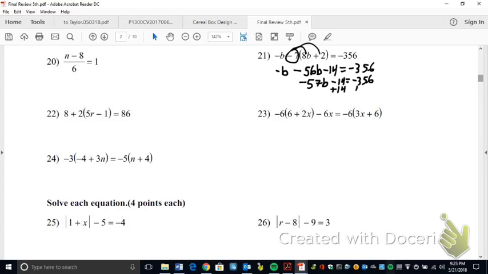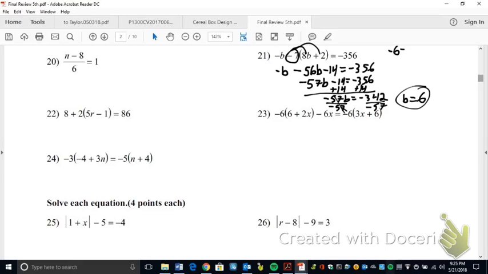I'm going to add 14 to both sides. And we're going to get negative 57b equals negative 342. Divide both sides by negative 57, and we're going to get b equals a positive 6. Why positive? Because it is a negative divided by a negative.